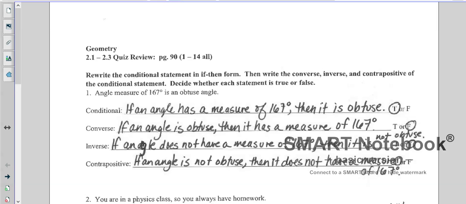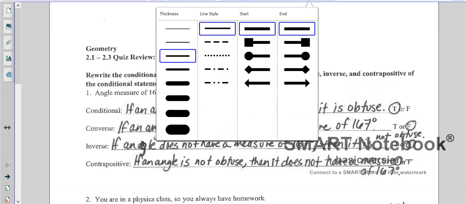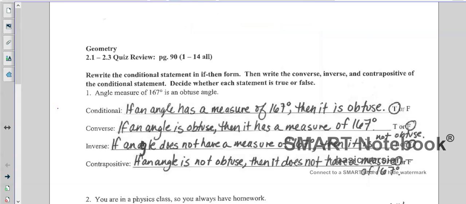So remember, the conditional is P gives you Q, and that's where you just add if and then in the sentence. So if an angle has a measure of 167, then it's an obtuse angle. You're just adding those words in.